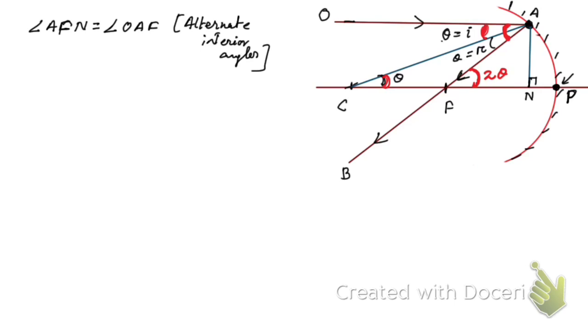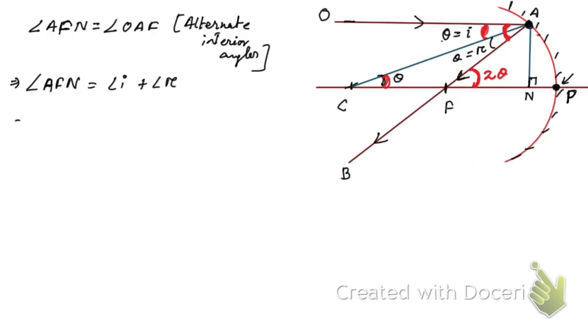So we can say that angle AFN is equal to OAF, and from the diagram this angle OAF is equal to angle I plus angle R. The sum of these two angles will be equal to this angle, so we can replace it by I plus R, both equal to theta.